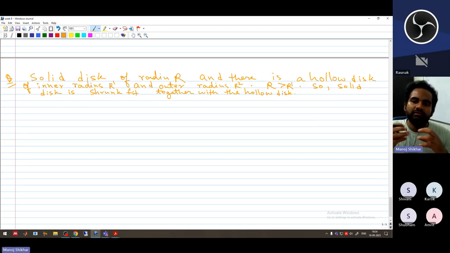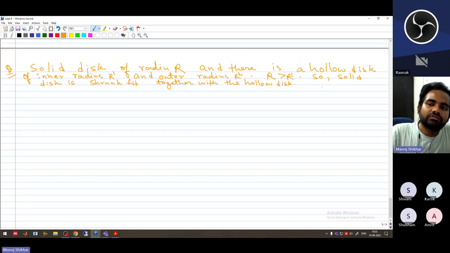So to fit the solid disk in the hollow disk, we have used a technique called shrunk fit. Generally, it is done by heating. So you heat the hollow disk. It will expand slightly. You will fit the solid disk, and then you will cool it. After cooling, it will shrink. Okay. So in that case, there will be some residual stress there at the interface. So that was the procedure I described.